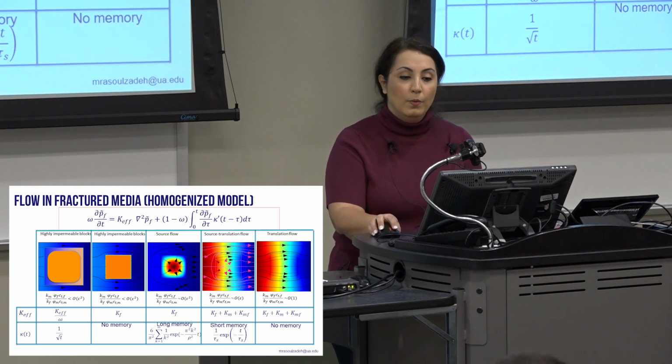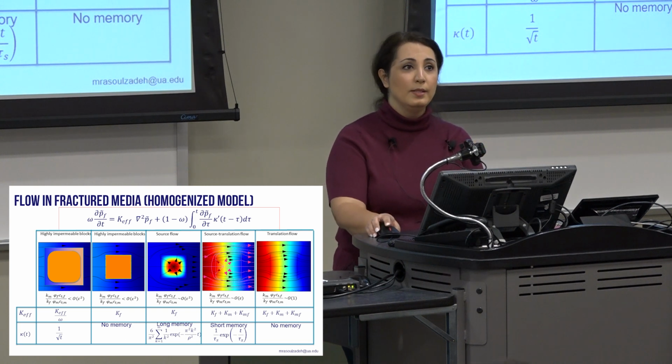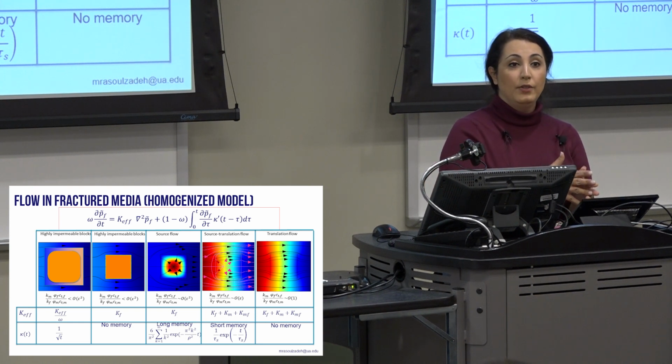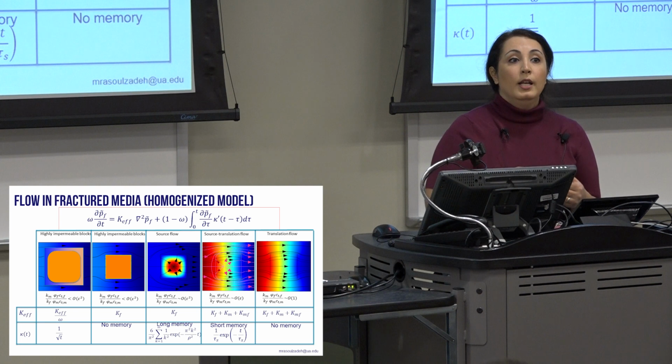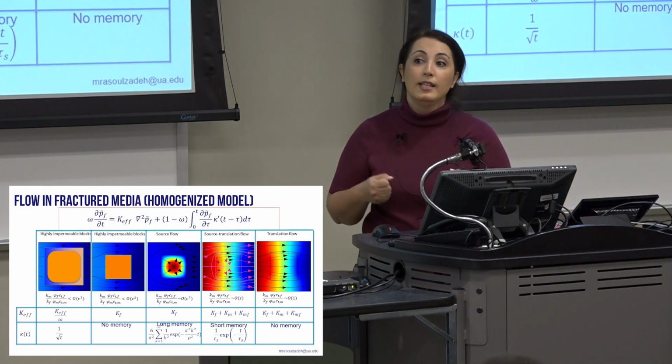And we basically have this term, which is called a memory term. Why does this happen? Because some parts of the medium, which are fractures, are highly permeable. Some parts of the medium, which are matrix, are low permeable. The time that it takes for matrix to respond to a pressure drop is different from the time that it takes for fracture to respond.